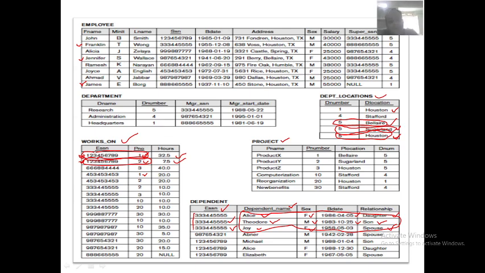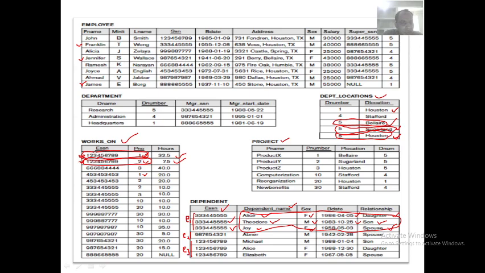See here now, I'll tell you. Here is employee 1. This person is employee 2. And this person is employee 3.